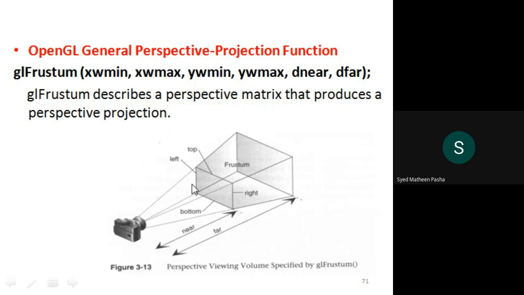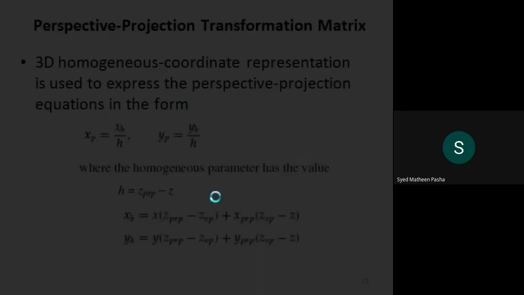If you want to perform a perspective projection of this particular object with the viewer, this is how, if you are using this functionality here, with the help of glFrustum, all the left part, top part, bottom part, near part, and the right part will be displayed with respect to that particular object.